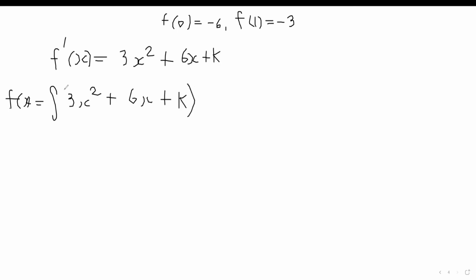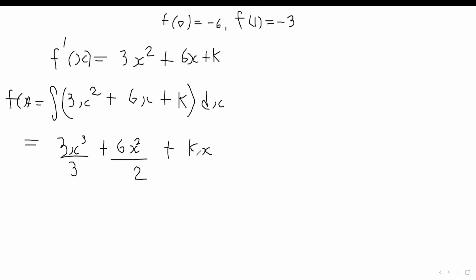By integrating this, what we're going to end up getting is 3x cubed over 3 plus 6x squared over 2 plus k times x, plus some constant c. So that is f of x. But now, in order to find the function f of x, you need k and you need c.